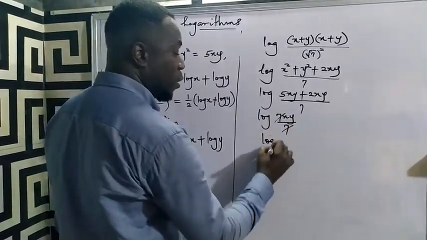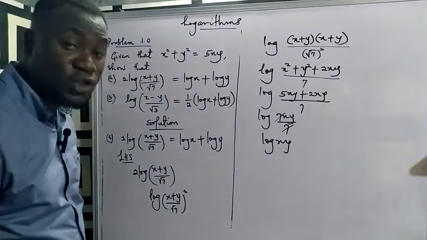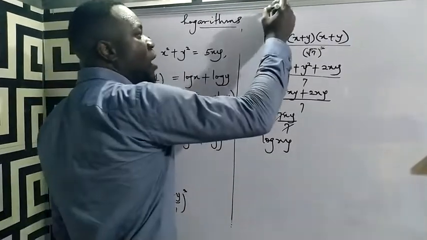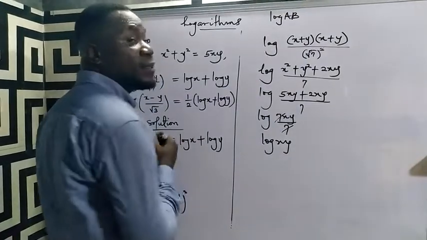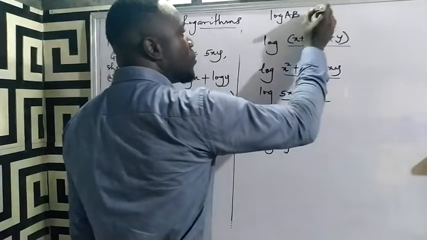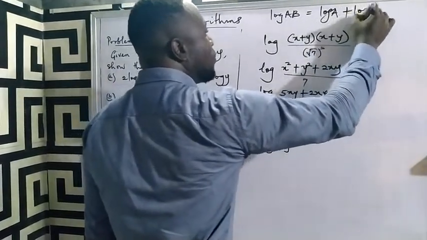You have log xy. According to the rules of logarithm, when you have log ab, that's the first rule of logarithm, it equals log a plus log b.